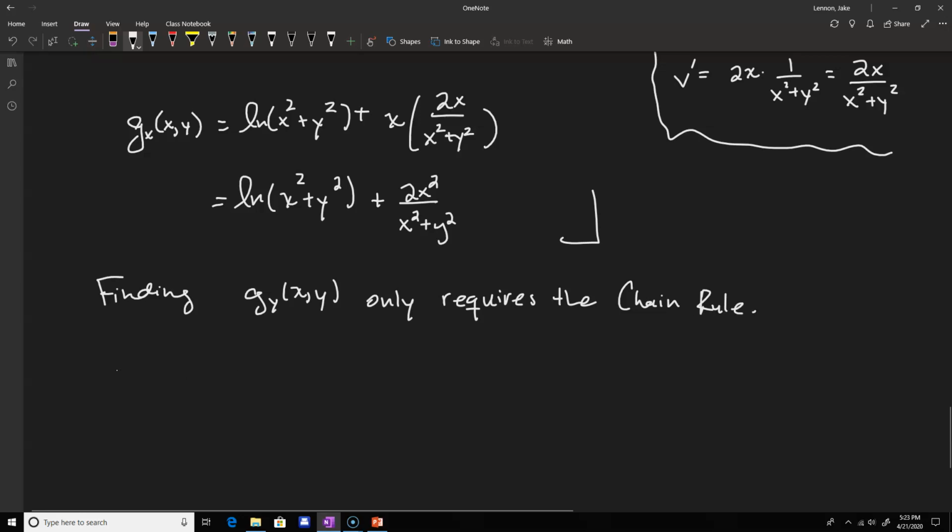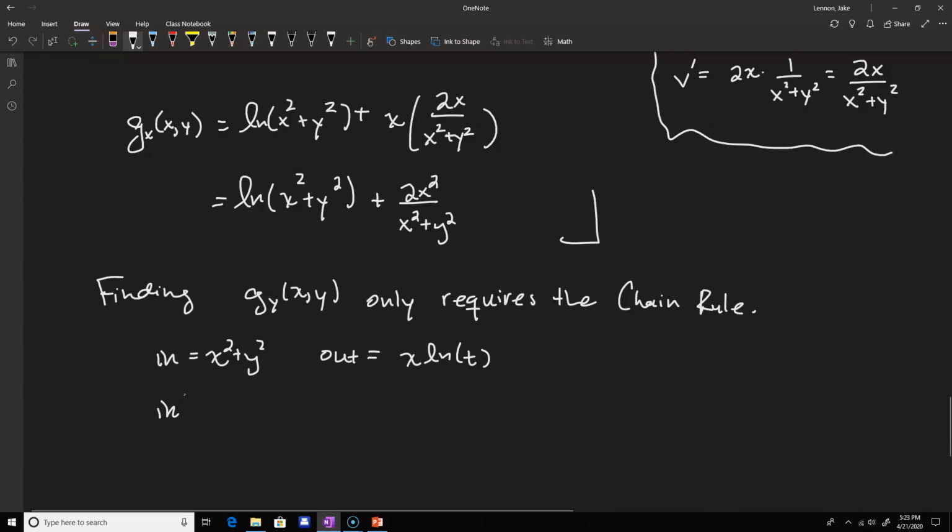So we have our inside function as x squared plus y squared, and now our outside function is x times the natural log of t.